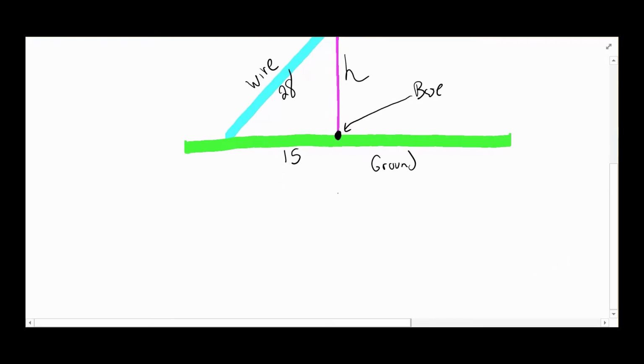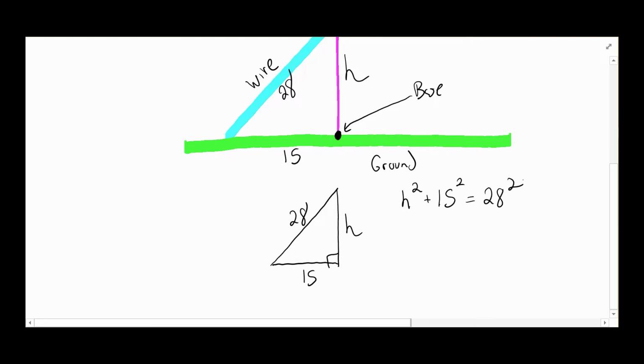So if I go ahead and pull these numbers out, just so that it's a little bit less messy of a picture, I've got h, 15, 28. Once I have a triangle drawn from the information given, I can use the Pythagorean theorem, which says leg squared plus leg squared equals hypotenuse squared.